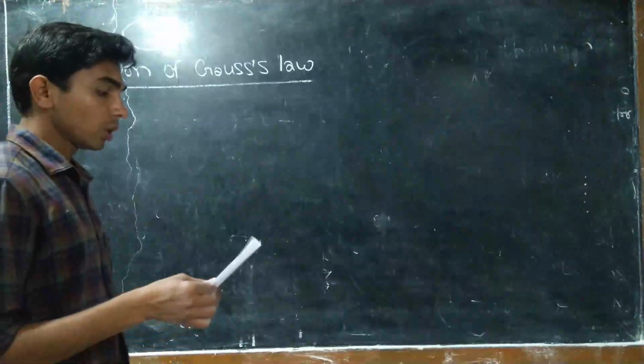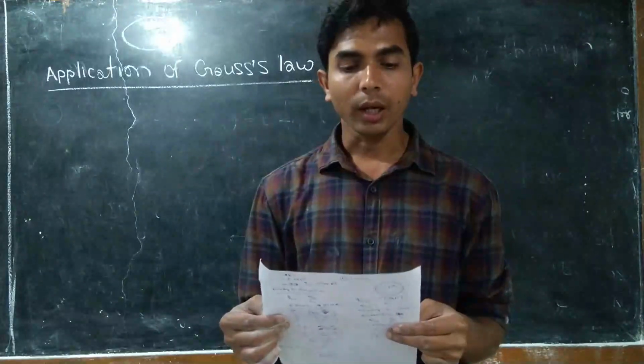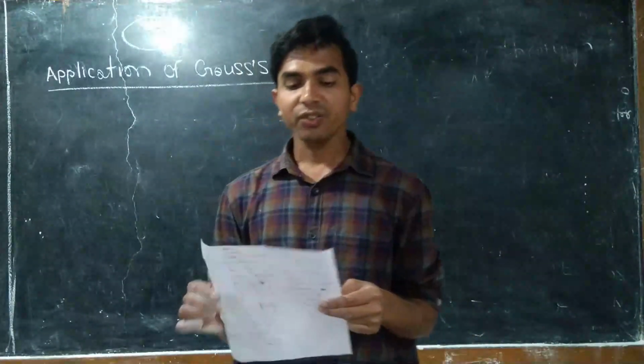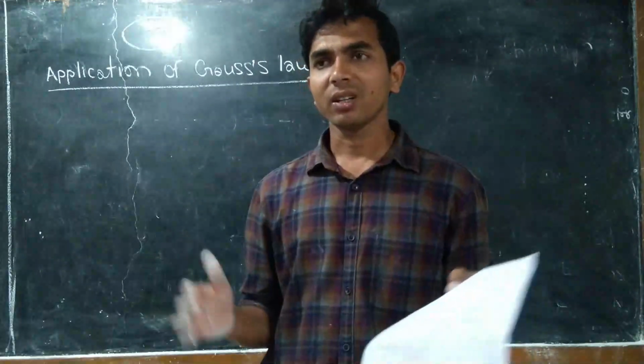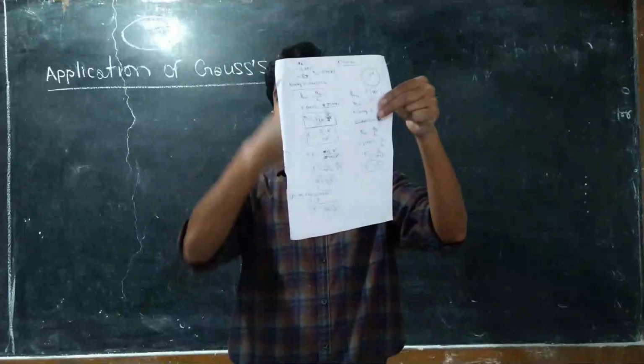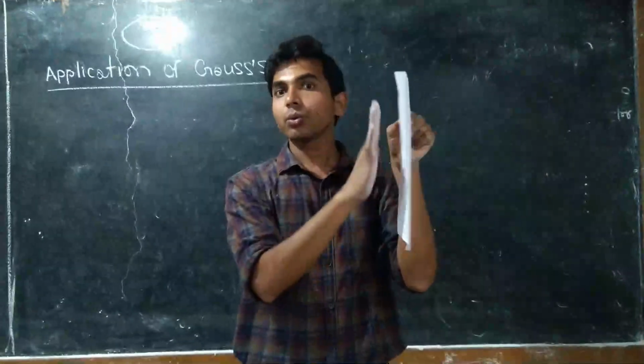Again, now with the help of Gauss law, we are going to find the electric field due to a uniformly charged infinite plane sheet. Suppose this is your plane sheet, and we are going to find the electric field due to this plane sheet.